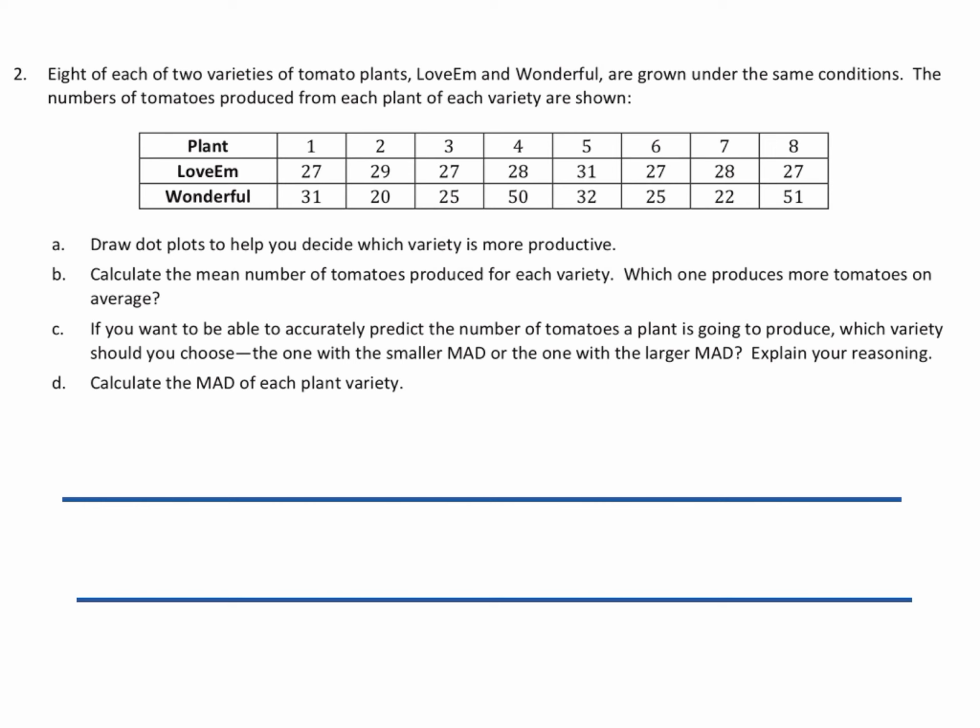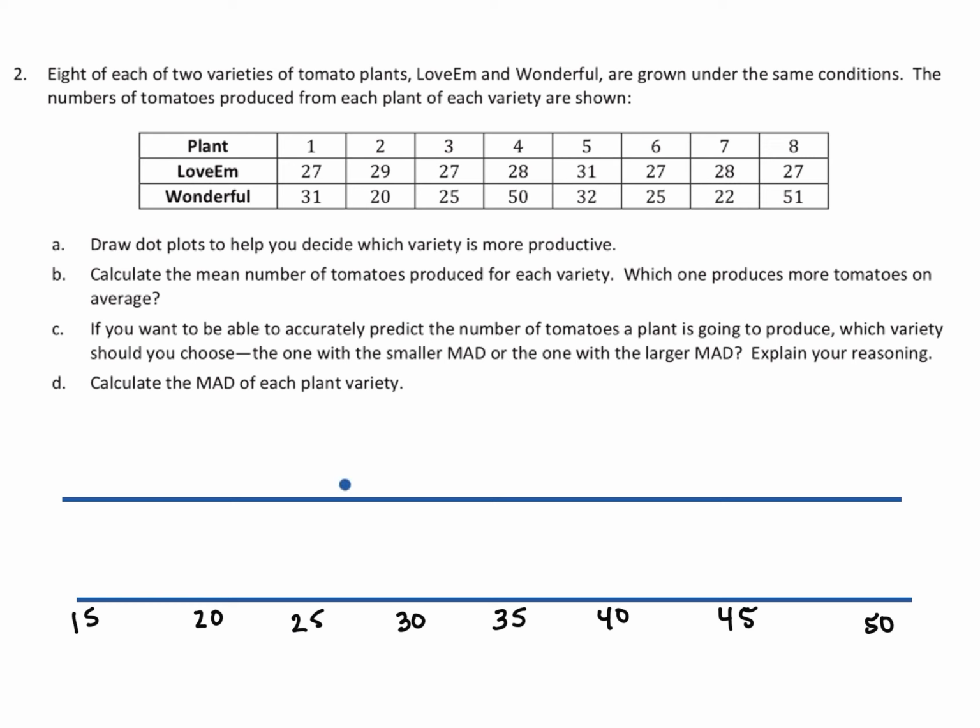And we can start at 15, just to give us a little extra space, or you can start at 20. So I'm going to do the top one as Love 'em.